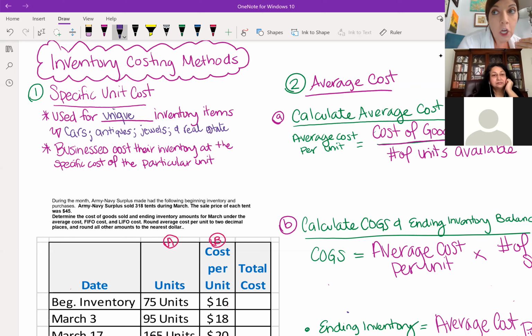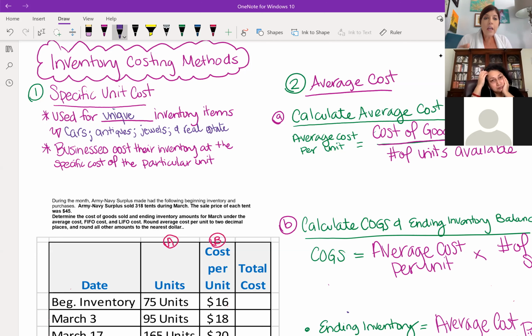If a company like Costco was to use specific unit cost, think of how many millions of units are being sold each day. They would have to know the specific cost of that specific unit that was sold to figure out cost of goods sold. That's not going to work for them. It's just too ridiculously expensive to do that.